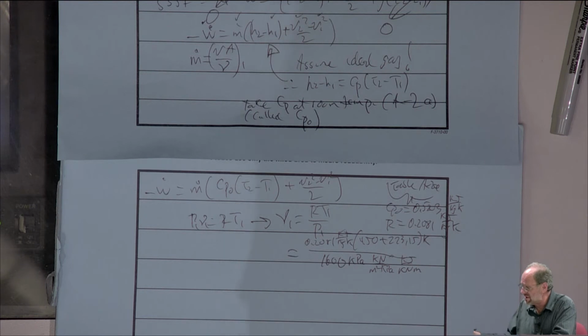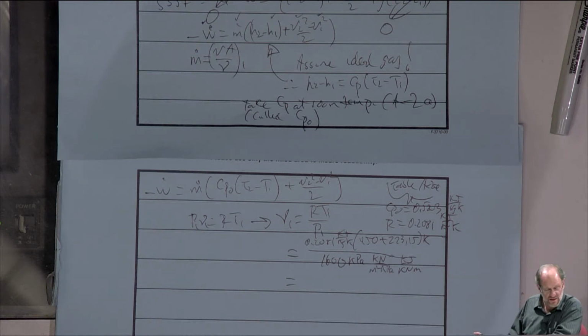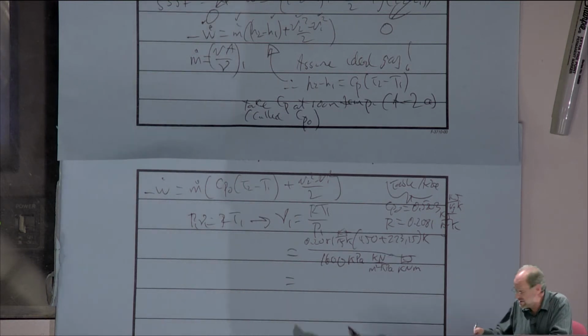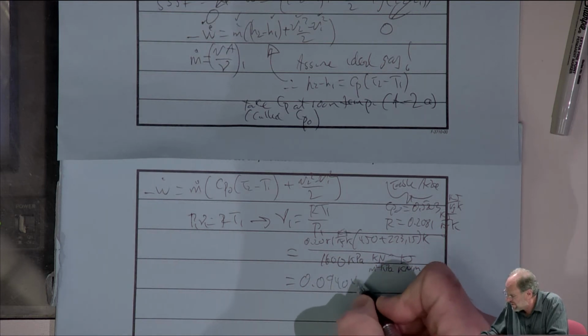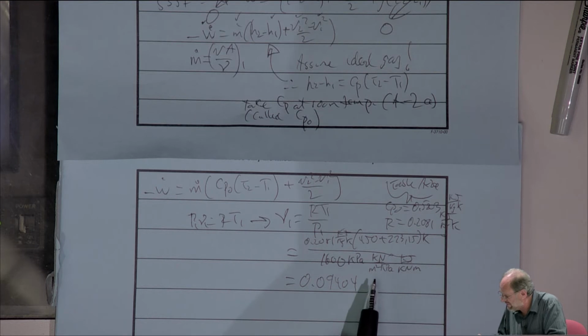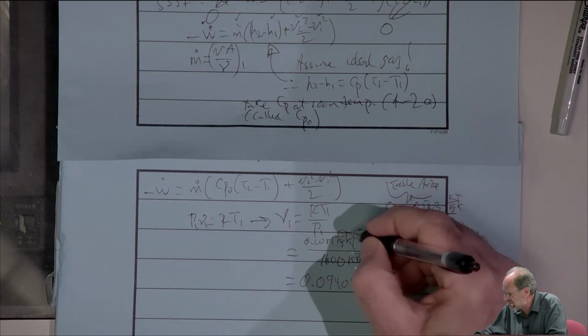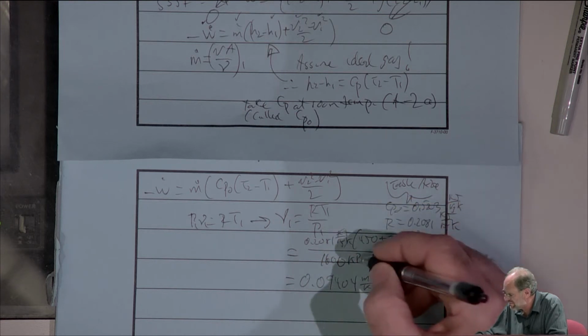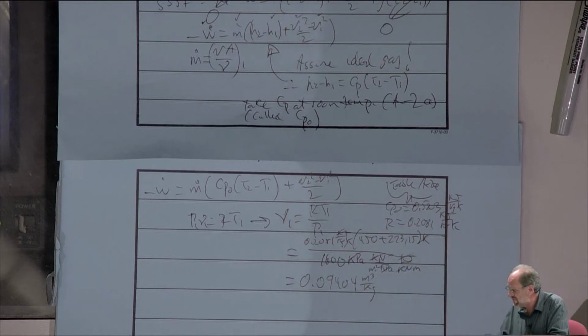So this will take care of all the units, basically a bunch of identities, and we finish our math. Units come out right. We get 0.09404. The only units that are left are meters cubed per kilogram, which is what we want, right? Anything else makes sense? All right, so now we have our specific volume.